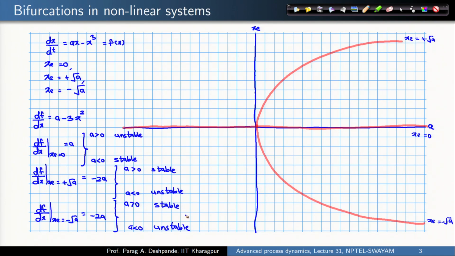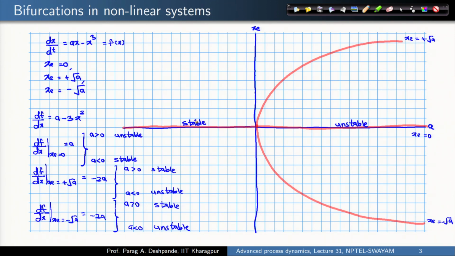So, time to mark the plane here. First, the equilibrium solution x e is equal to 0. For a greater than 0, I have unstable part. So, this is unstable, a less than 0, I have stable. So, this is stable. Now, for the upper curve, x e is equal to plus root a, the curve exists only in the first quadrant, there is nothing in the negative a.